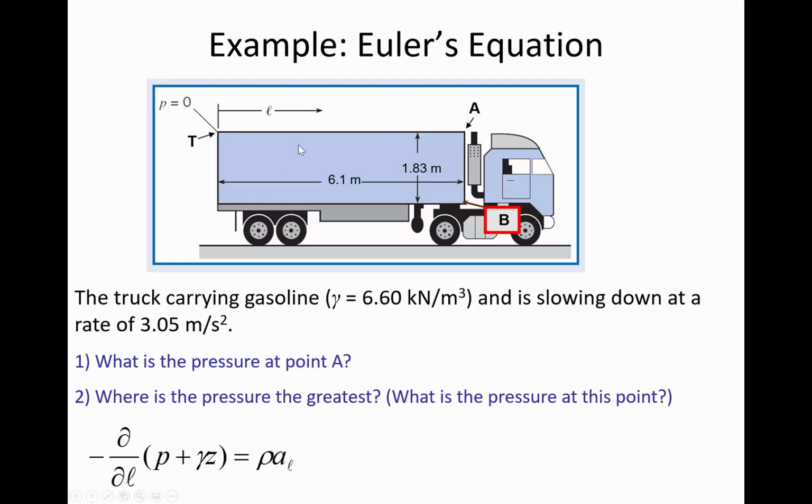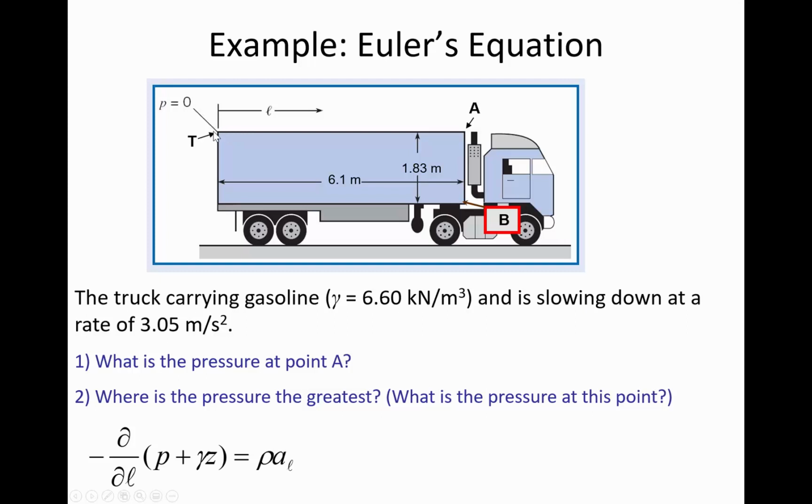And what we know is the dimensions of the truck. It's 6.1 meters long, and then 1.83 meters tall. And here at location T, the pressure is 0. It could be that there is some sort of a vent system that keeps the pressure at the headspace equal to 0.